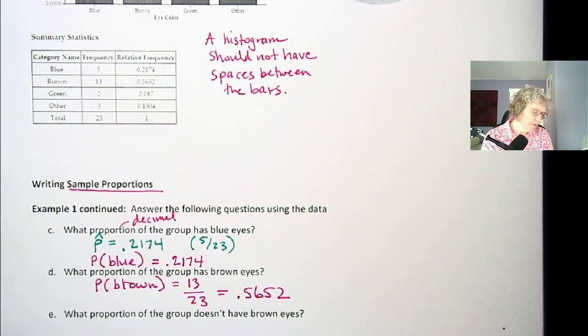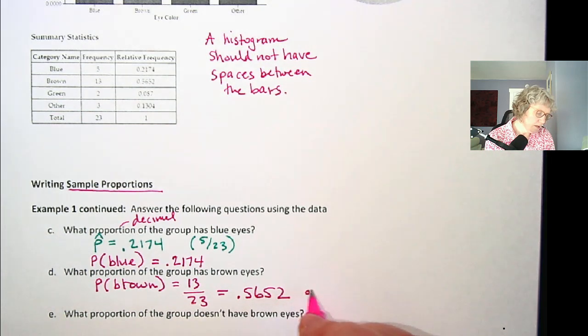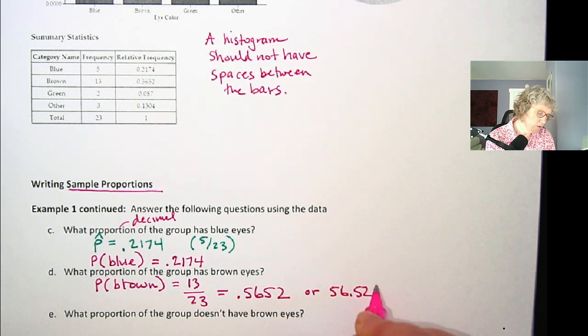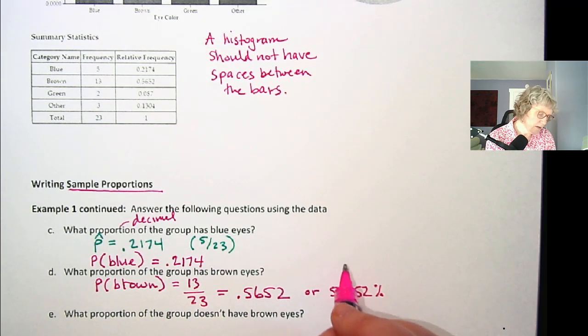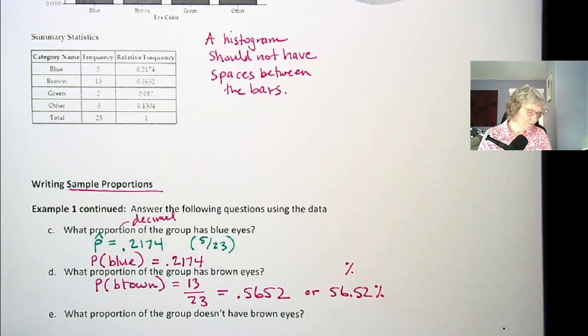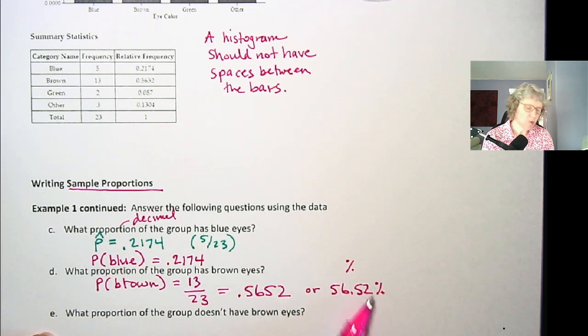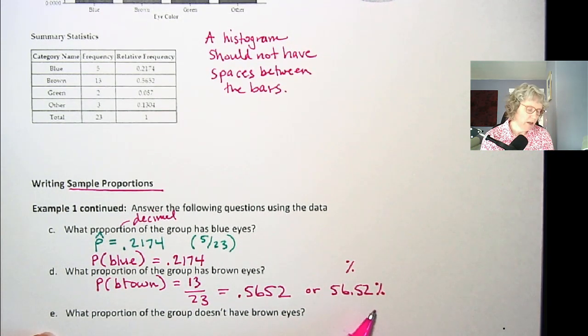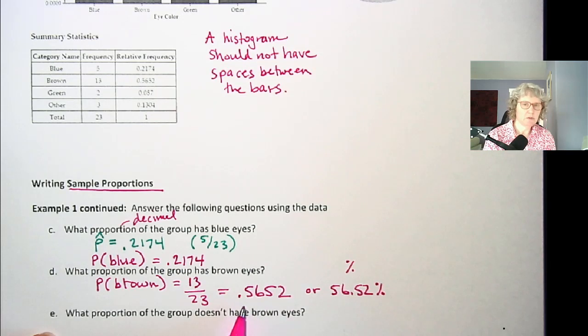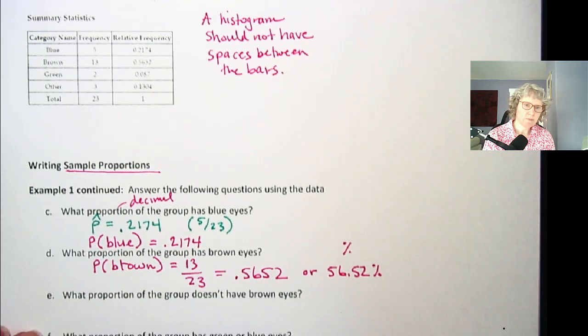But if it asks for a percentage, I could switch it like we did earlier, 56.52%. In the My Open Math homework, look really carefully at which one it's looking for. If it has a percent symbol after the box, it's looking for a percentage. If it doesn't, it's usually looking for a proportion. And the wording should also tell you which one it's looking for.